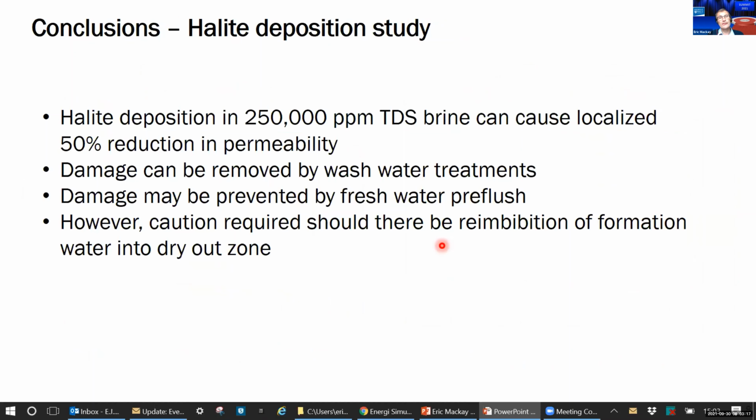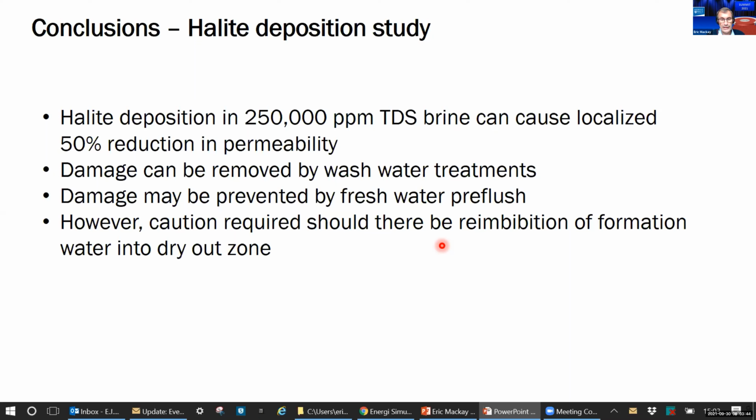So in a system such as this with a salinity of 250,000 ppm, we can see a reduction in the permeability. I haven't presented the results here, but we did some work that showed that the problem can be addressed in two ways, either by allowing the salt deposit to form and then injecting slugs of fresh water.